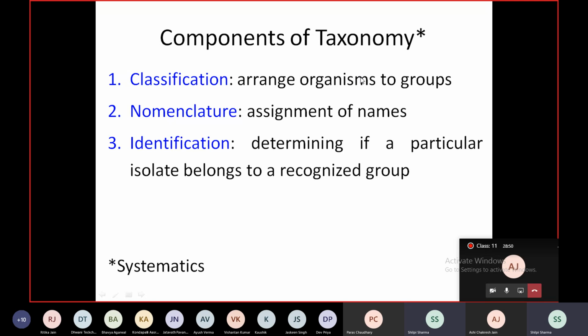Nomenclature, as the name says, involves the assignment of names to the taxonomic units which have been characterized and classified. And finally, once the classification is in place, so are the rules of nomenclature. Identification includes identifying new species or assigning the newer isolates to the catalog thus generated. And we will now take up each of these components to understand what it actually entails.